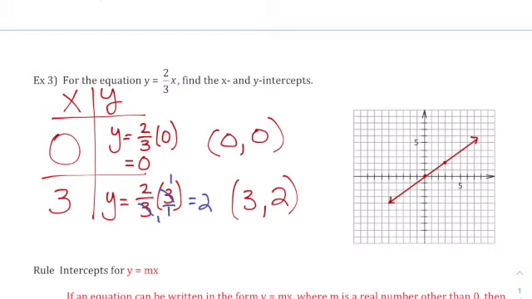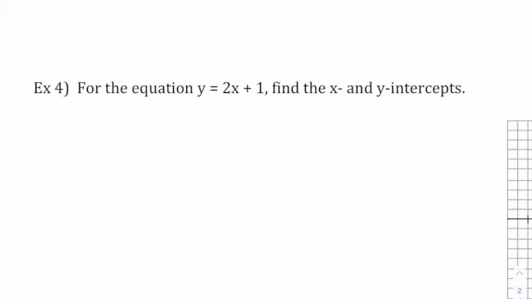That's what we have right here. 0, 0 is going to be your x-intercept and y-intercept.